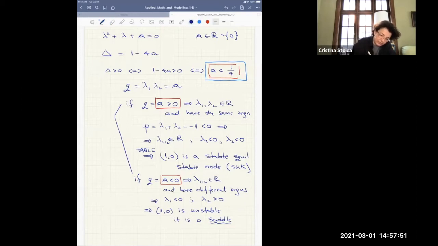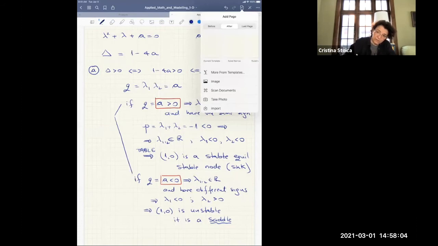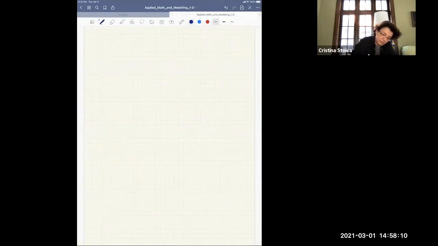Let's call this case A, and I'm going to flip the page to case B. Okay, so that's the equation.